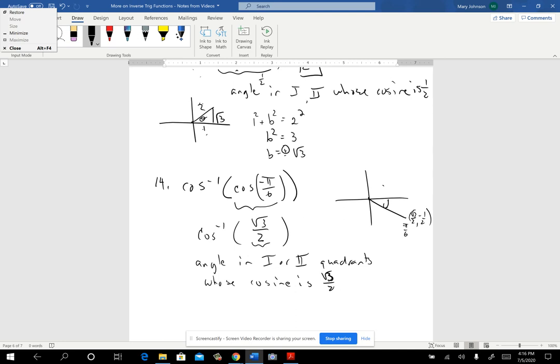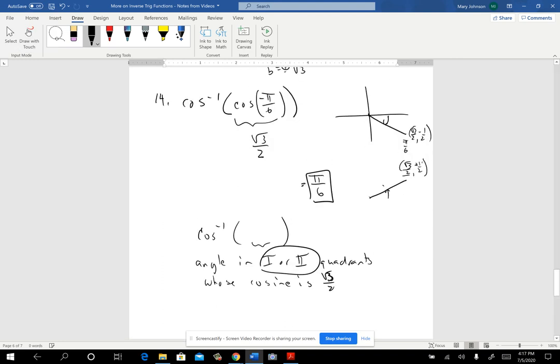We can't say it's negative pi over 6 because that's in the fourth quadrant and it needs to be in the first or the second quadrants. Okay, so if you look back at your unit circle, you'll see that right here you have an angle and the cosine of this angle would be square root of 3 over 2. It's just the positive pi over 6. So this turns out to be pi over 6, not negative pi over 6. You see how you had to watch out about that? About the sign of it? Okay.